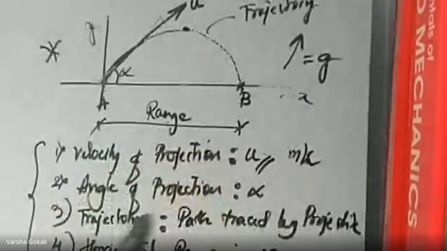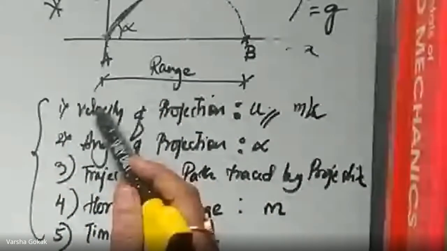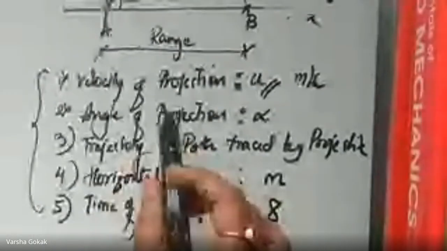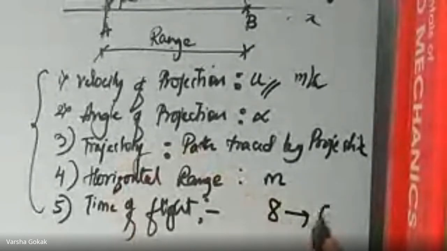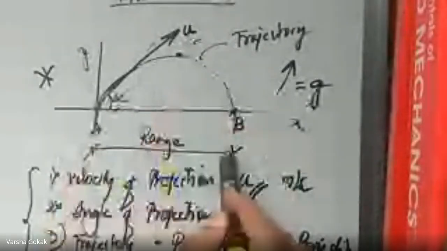So especially when this question arrives and they ask you to define this, if it is for 8 marks and you only define these, you will land up with 6 to 7 marks. But if you draw the diagram, define all this below it, and show clearly what is alpha, what is u, where is range, then you will get full marks.